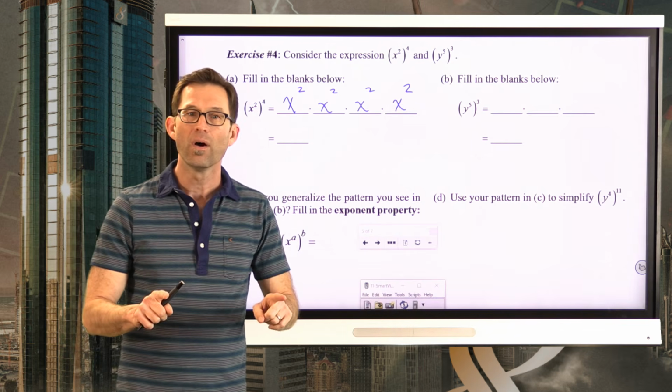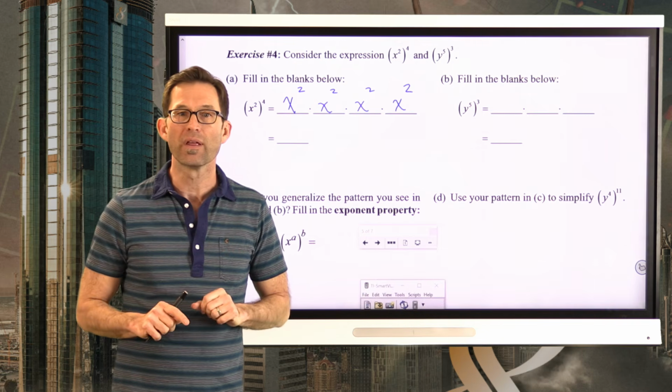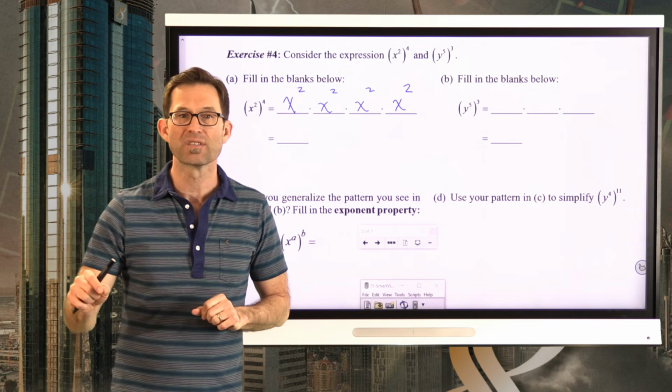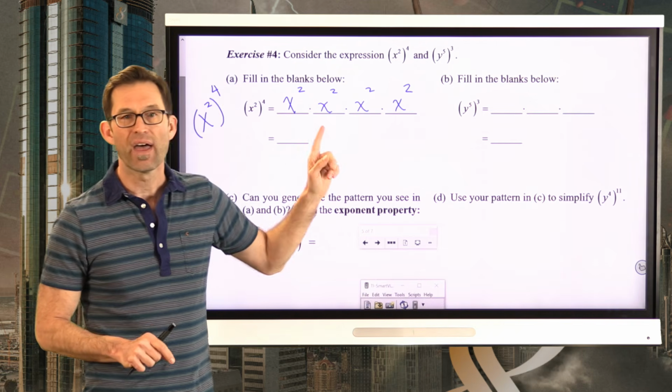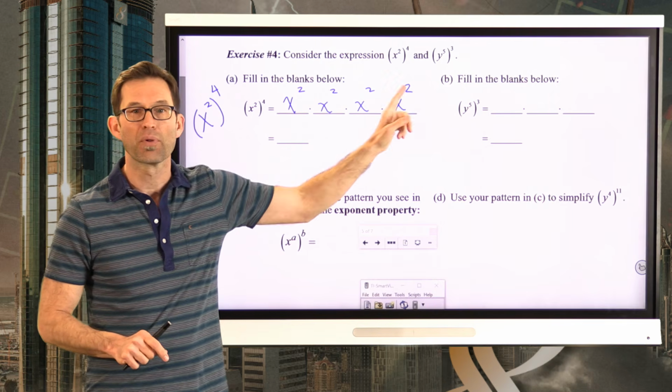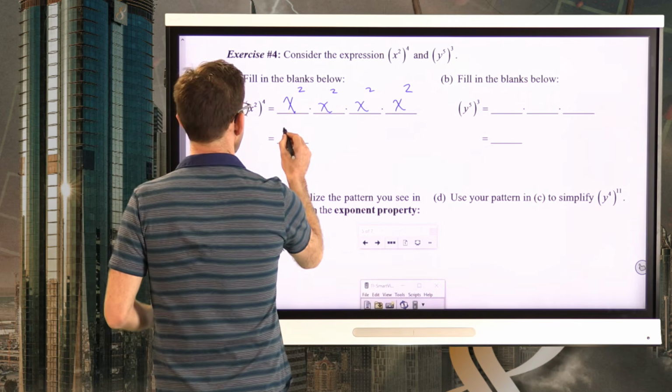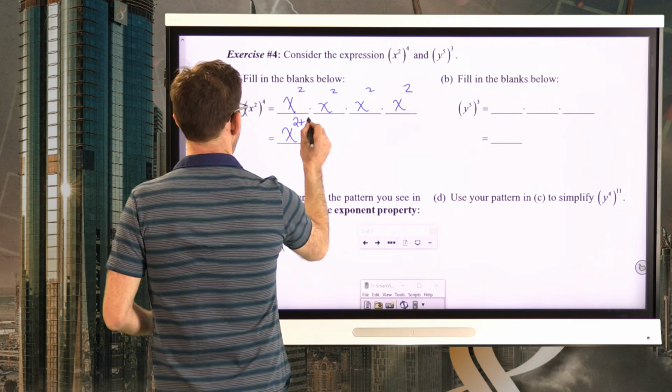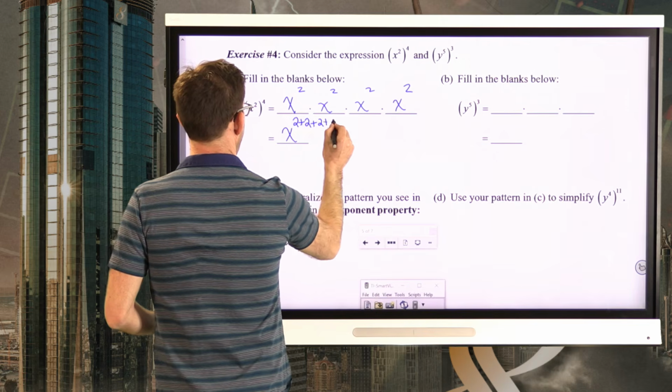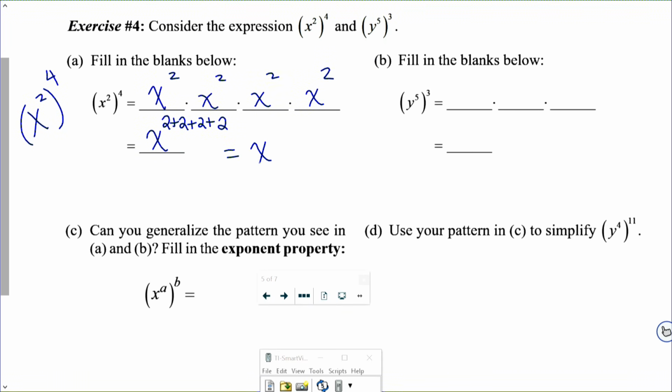But now my exponent property that says add the exponents together kicks in. So I have x to the 2 plus 2 plus 2 plus 2, which is the same as x to the 4 times 2, which is x to the 8th.